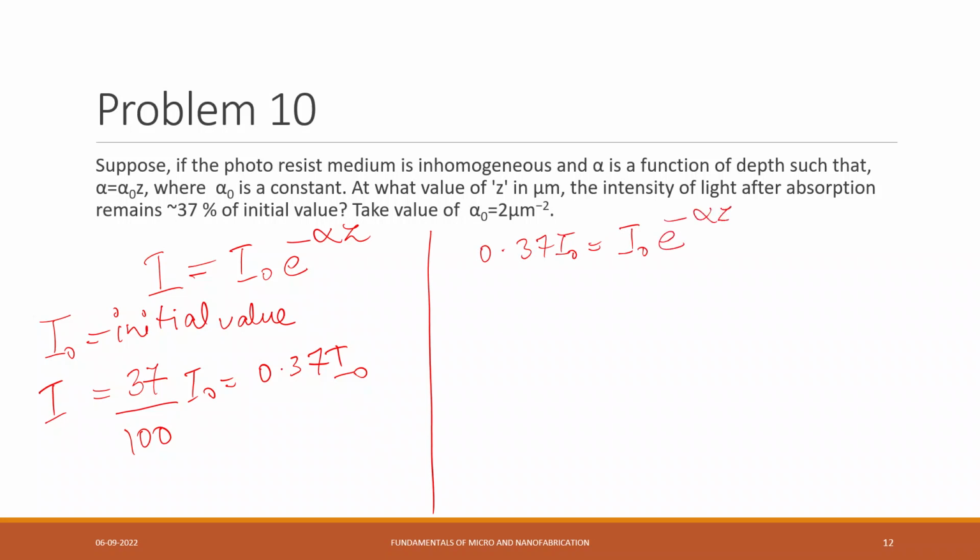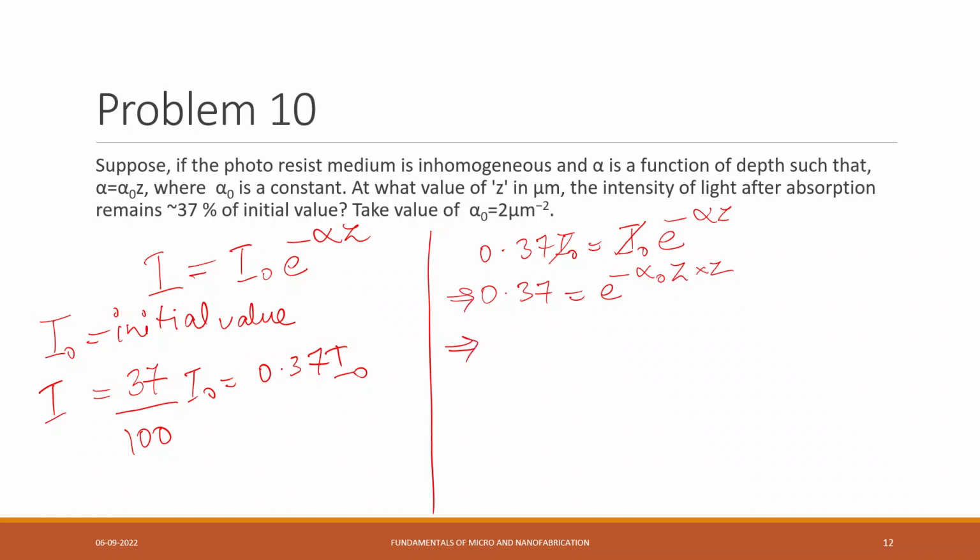So I naught will cancel, and 0.37 equals e to the power alpha z, where alpha is equal to alpha naught z. So the exponent becomes alpha naught z squared.